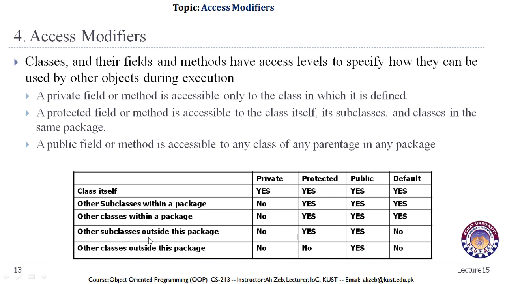For other subclasses outside this package, a private one is not accessible, a protected one is accessible, and a public one is accessible, but a default method or field will not be accessible to other subclasses that are outside of the package in which the superclass is declared.